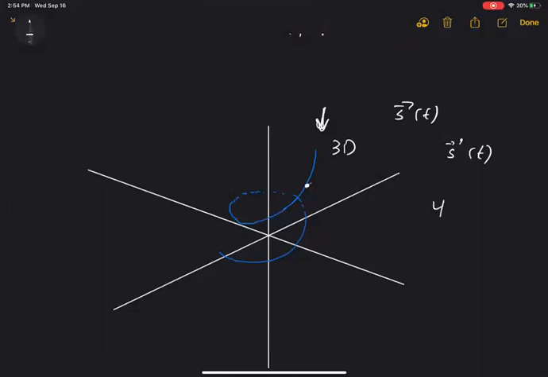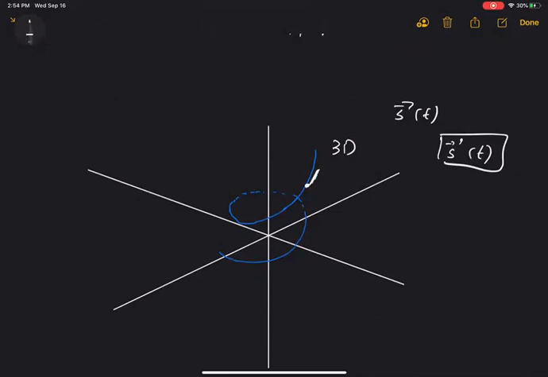Is it going 4 units this way? Is it going 4 units that way? So to really accurately describe a tangent line, we need more than just a single number. We need a vector. So when I find s prime of t, that's going to be the tangent vector.